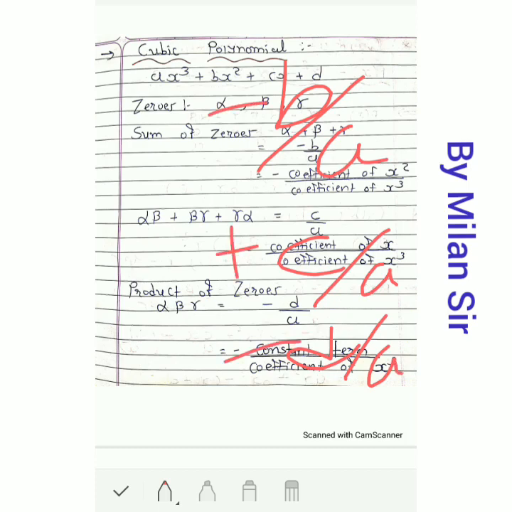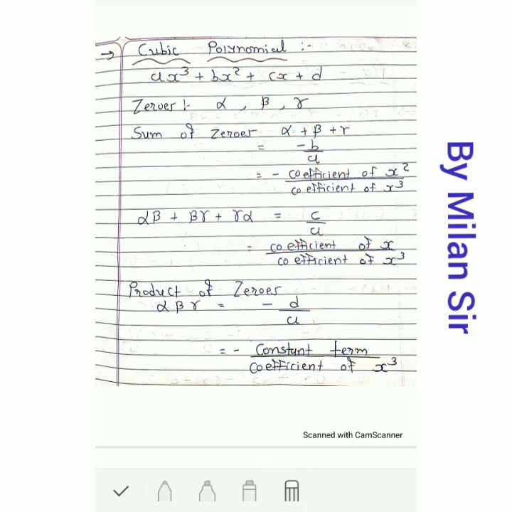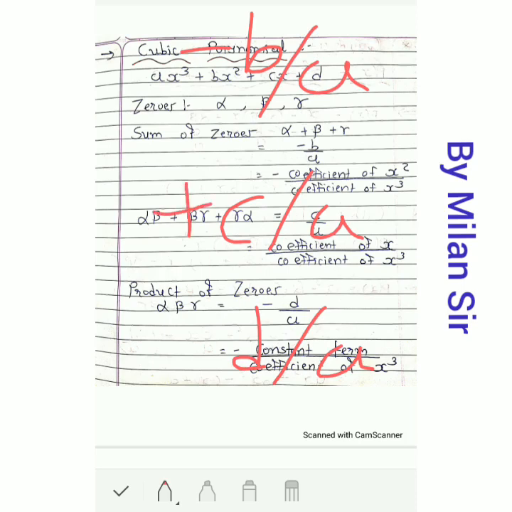Again, remember the sequence: sum of zeros, sum of products, and only product; then the formula sequence is b, c and d divided by a, with signs minus, plus and minus. So sum of zeros is minus b by a, alpha beta plus beta gamma plus gamma alpha is c by a, and alpha into beta into gamma, the product of zeros, is minus d by a.